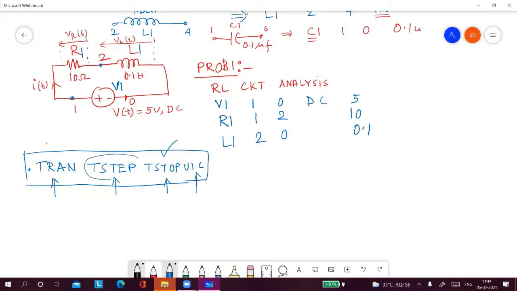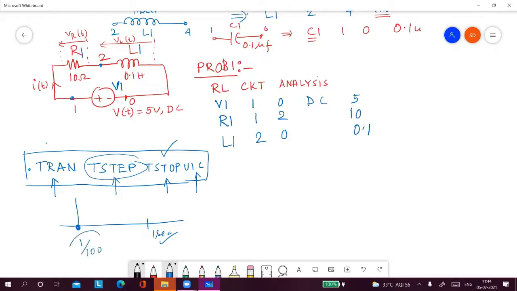And Tstep is the number of points. Say you want to perform the analysis from 0 to 1 second. So the initial time is 0 and the final time, Tstop, is 1 second. If you want to take an intermediate 100 points, then Tstep will be 1 by 100.